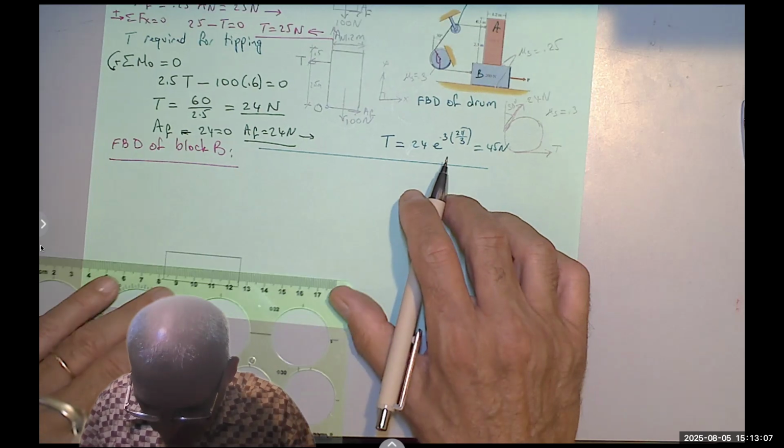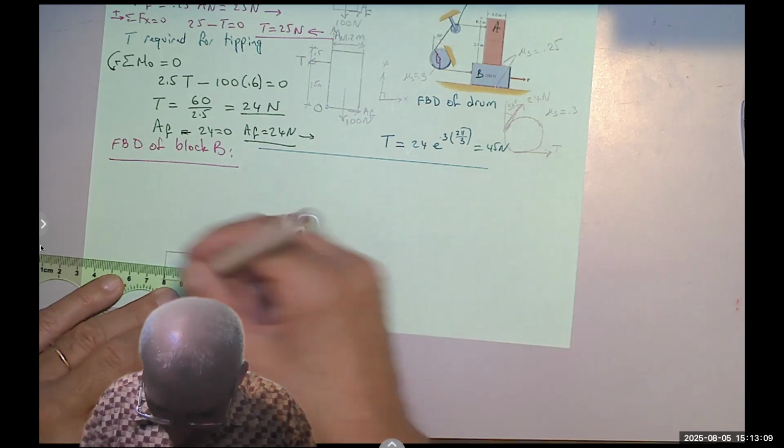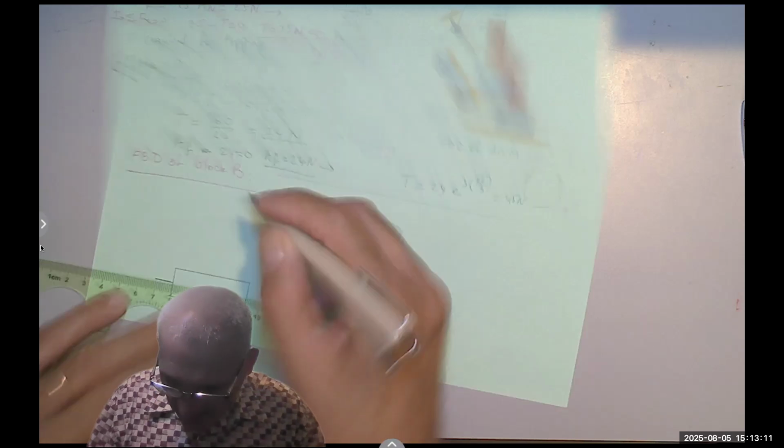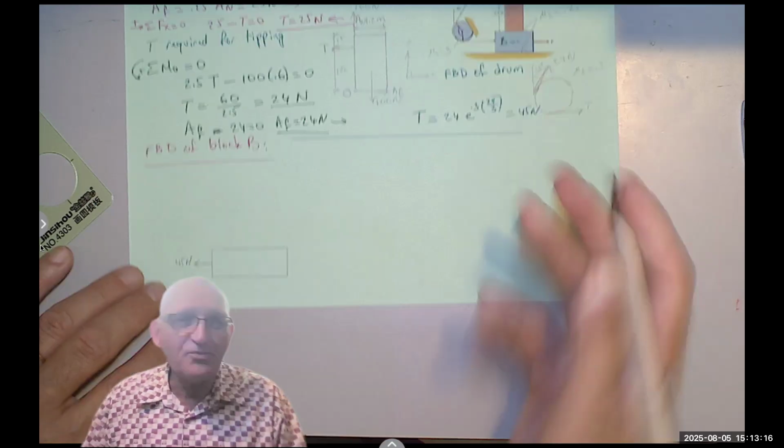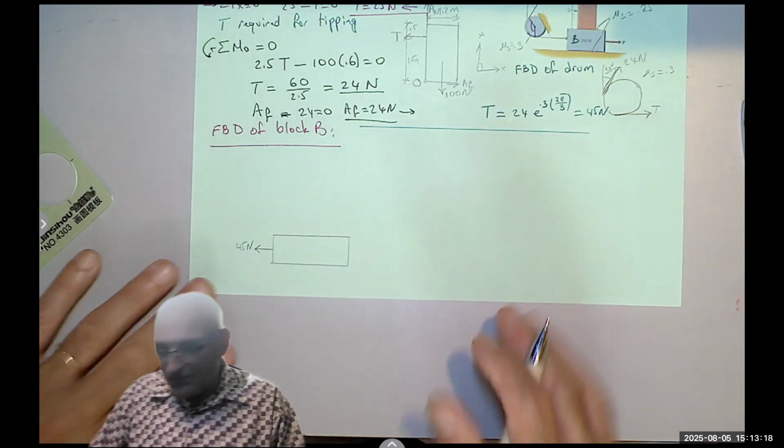There is a tension. Tension always goes out of the object. And this tension is 45 Newton, 44.98. We're going to use 45.